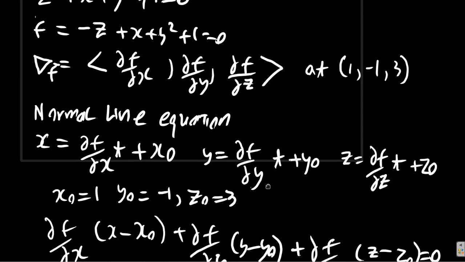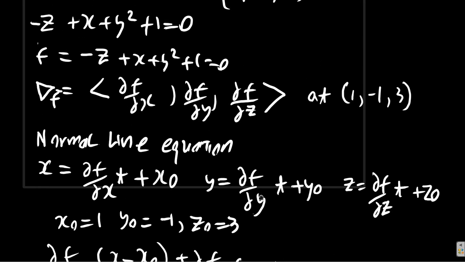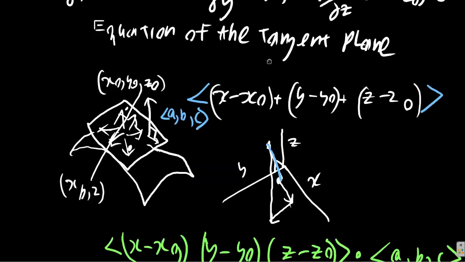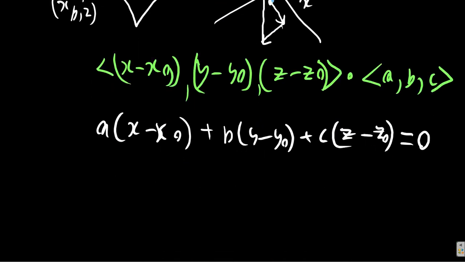We want to find the gradient. We have f is equal to negative z plus x plus y squared plus 1 equals 0. So the function is negative z plus, what was it?